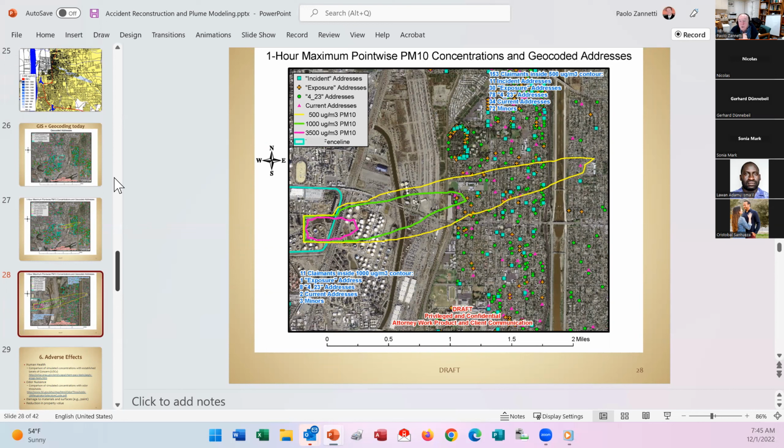Our goal is to use the best available science to give our client the best results, and then they will decide how to use them. We are not attorneys. They will decide if they want to use our results and how they should be used to present their case.